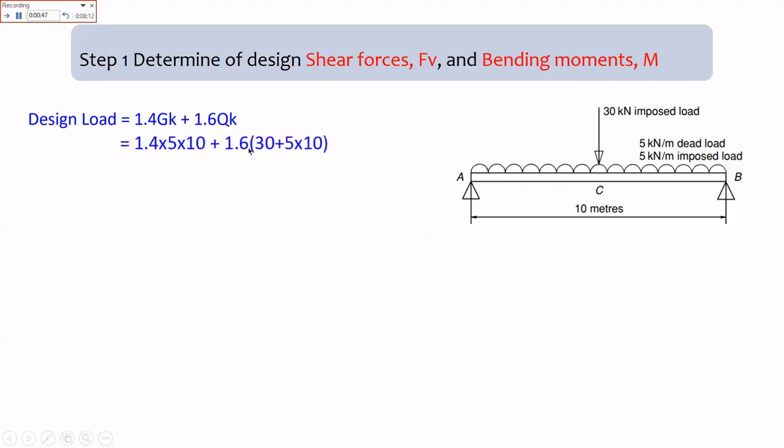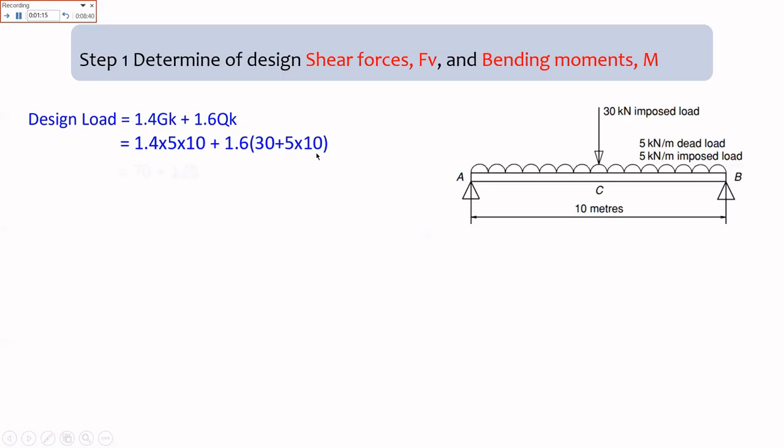Then you have 1.6 times 30. That is the point load. Then you also have the UDL of 5, which we multiply by 10 to get the total load: 1.6 times 5, the imposed load, plus the dead load, times 10, the span.